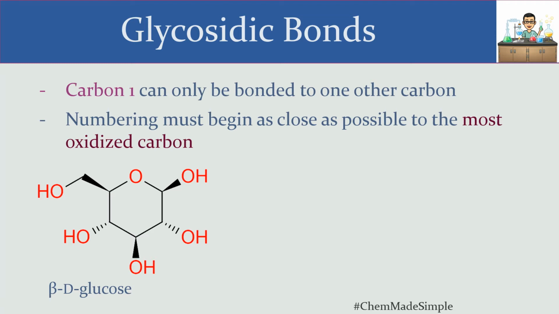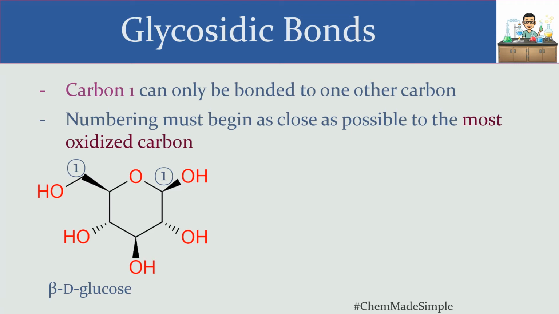Whenever you have a ring like this, it's tough to figure out where your ring should begin and end. But remember that carbon number 1 can only be bonded to one other carbon, and that gives me two distinct options. I can start numbering at this carbon over here, which is only bonded to one other carbon, or at the carbon all the way on the left. That's another possibility for starting my chain.